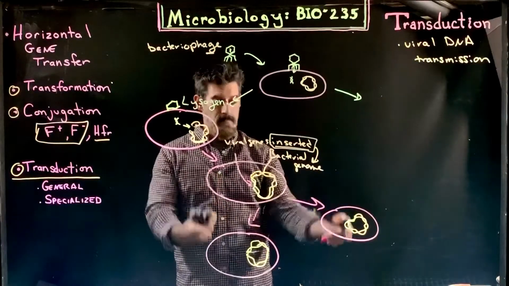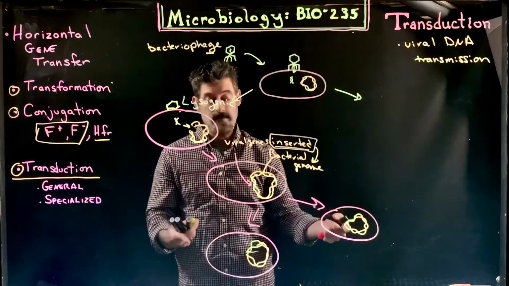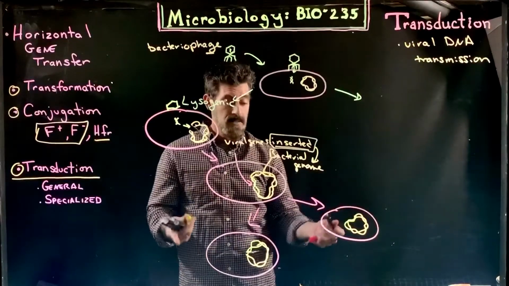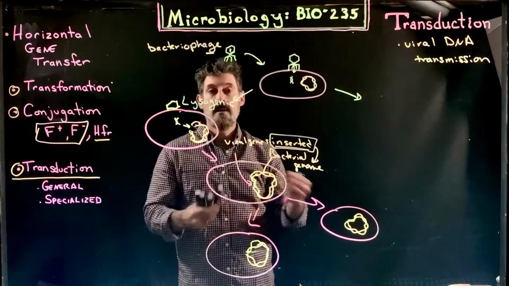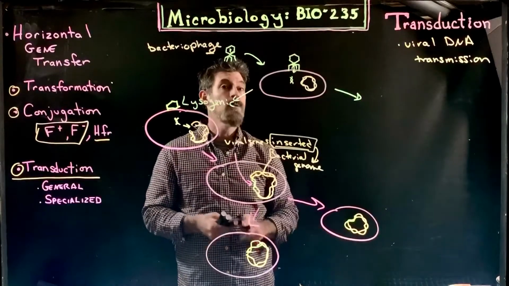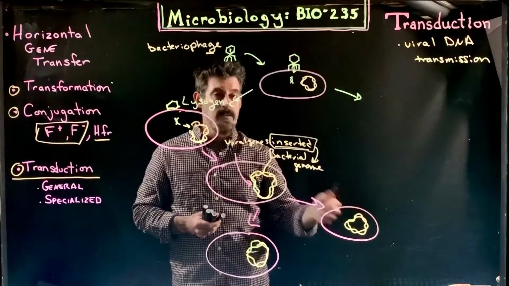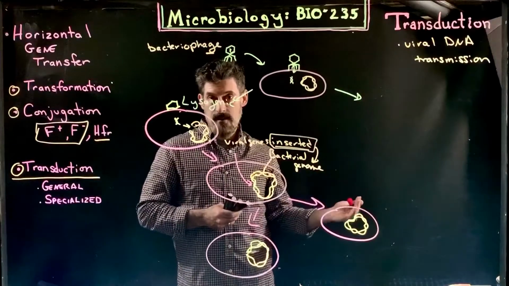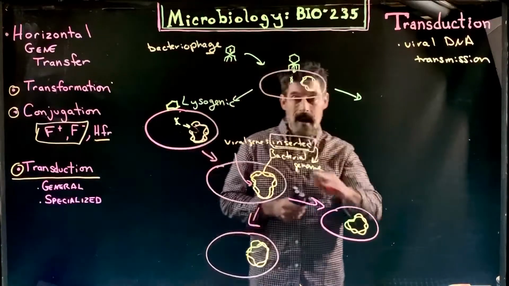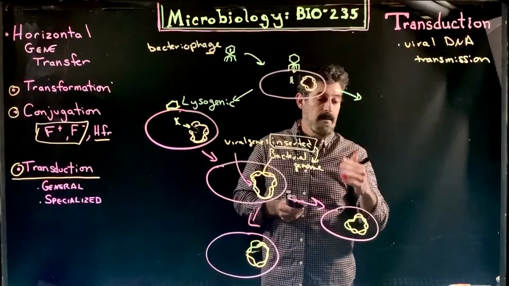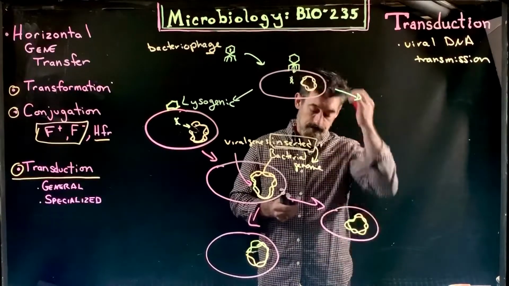And so we just get more copies of the cell, more copies of the viral genome, more copies of the cell, more copies of the viral genome, and this will just continue on and on. Okay. So at this point, this particular bacteria, through the viral infection, has picked up new viral genes, which are probably not being expressed and so are not really affecting the cell at all.